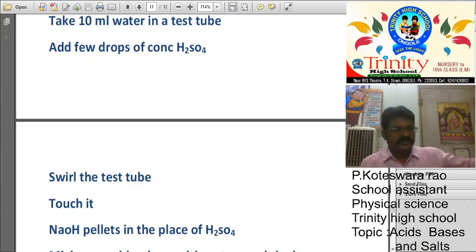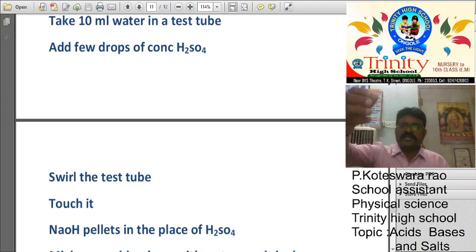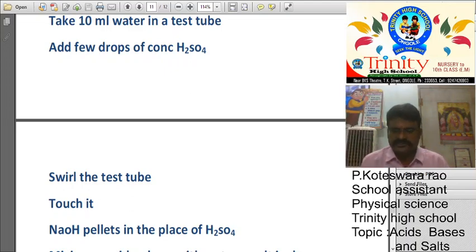There is 10 ml of water in a test tube. We already added 2 or 3 drops of concentrated solution. If you touch the beaker, how is it? The beaker is hot.